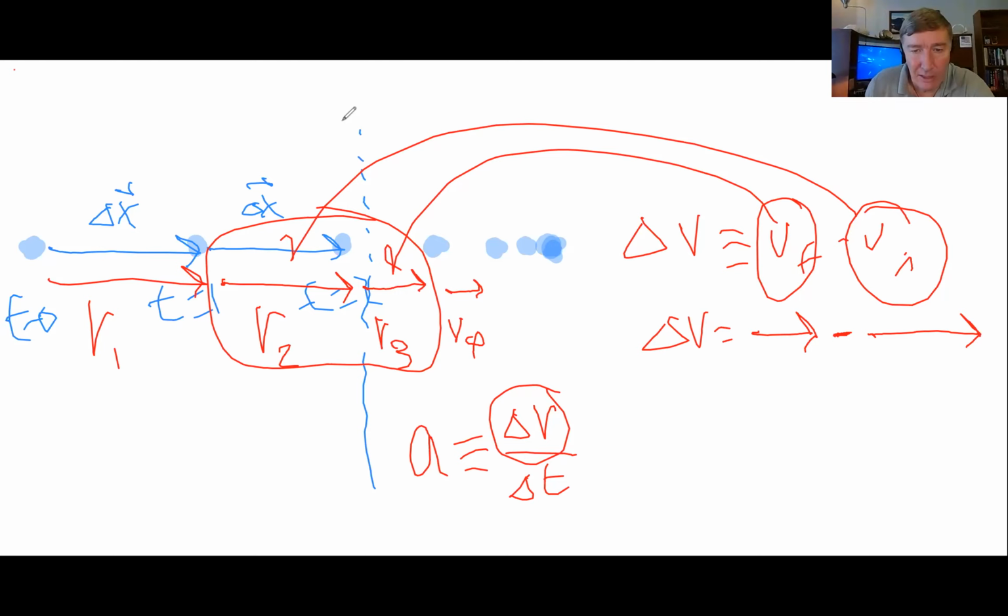Let's see, how can I do this? Let me go to a new share screen here. I don't want to erase the whiteboard that I've got. I know what I'll do here. I'll open up a PowerPoint presentation.